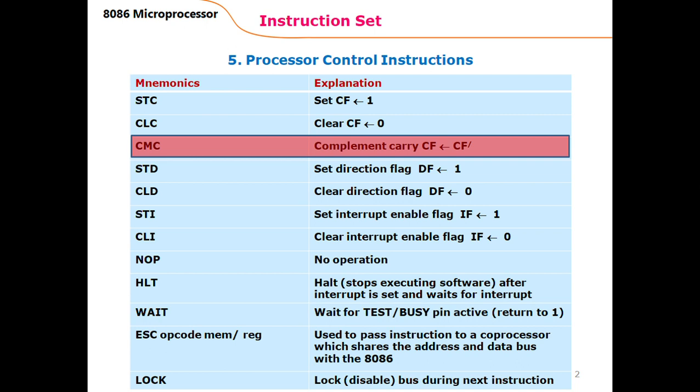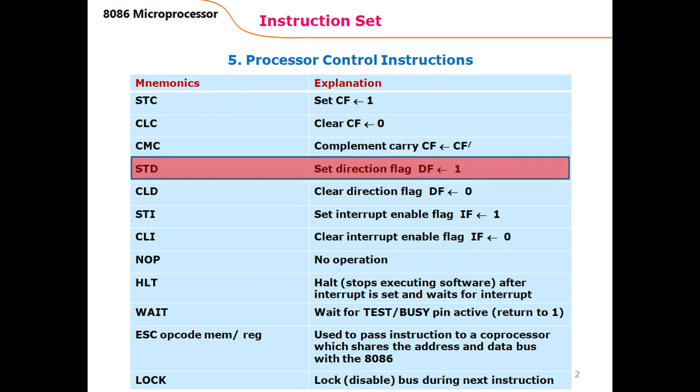So these three are the instructions used to monitor or to change the value of the carry flag. And as I said, there are other assembly language instructions, arithmetic instructions and logical instructions, that also change the value of the carry flag depending on the result of computation by those instructions.